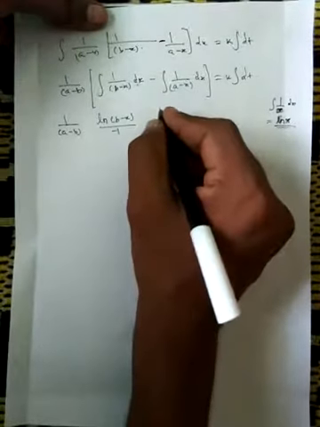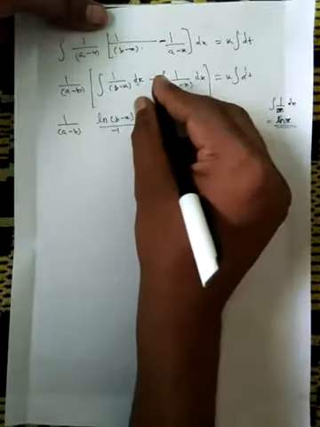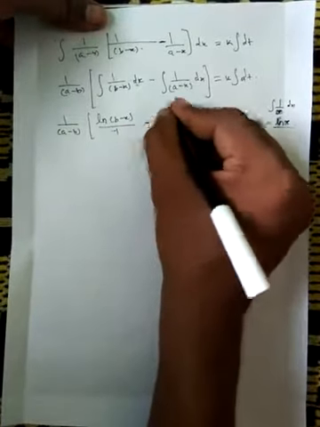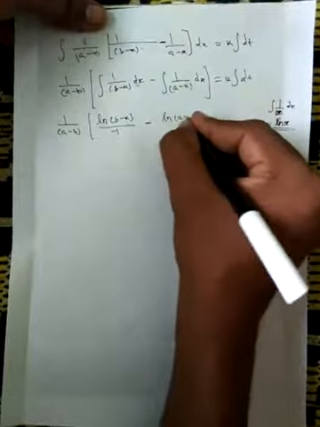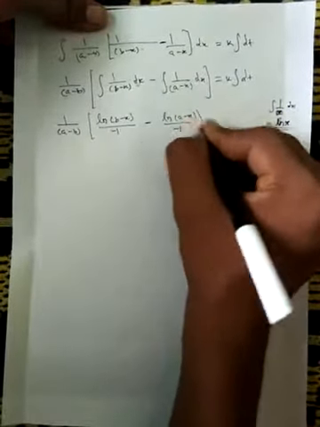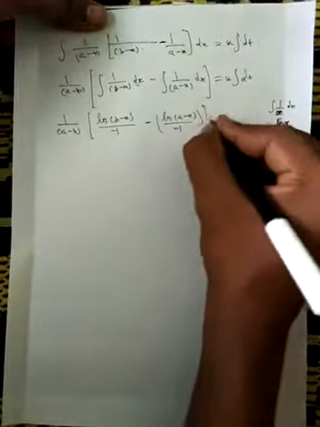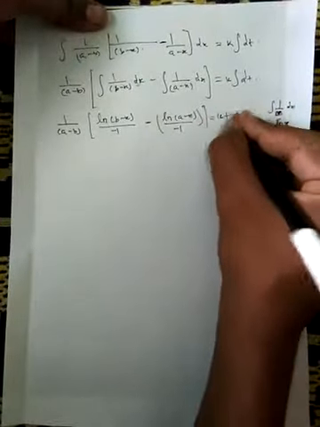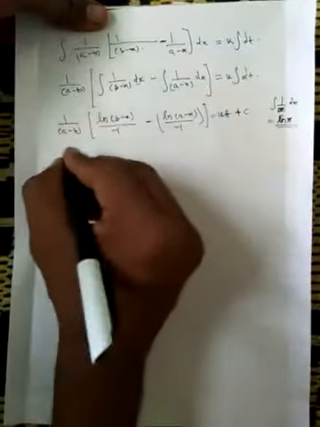And here, if you integrate, you will get logarithm a minus x divided by minus 1, right, equal to kt. Then I'll introduce integration constant c.